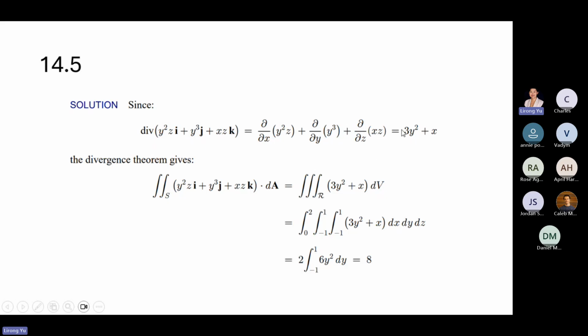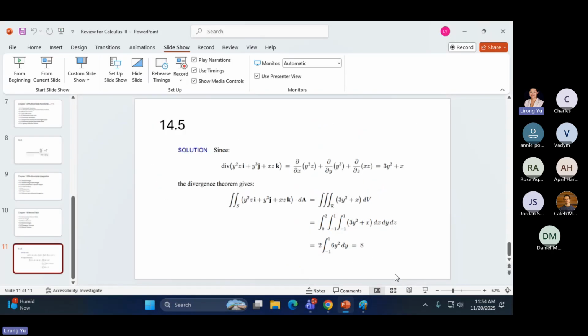That's the definition of divergence. According to the divergence theorem, we'll be able to calculate the surface integral using a triple integration of the divergence. So we will integrate based on the integration order, and then that will be the final answer. And that's pretty much what I had in mind today.